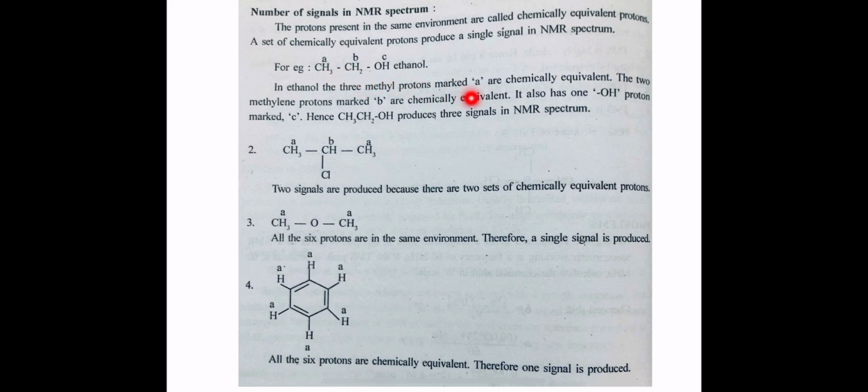That is the reason we are going to get three signals in this NMR spectrum. For ethanol we are going to get three signals.